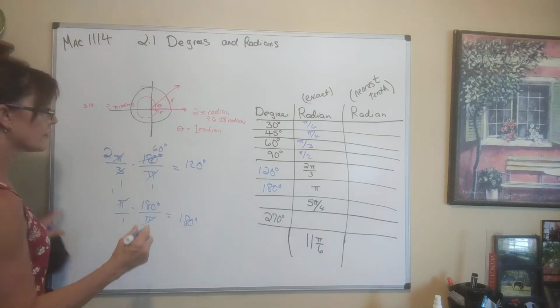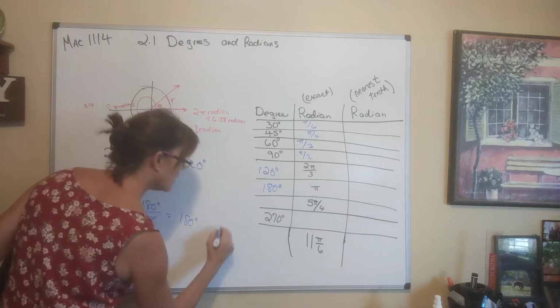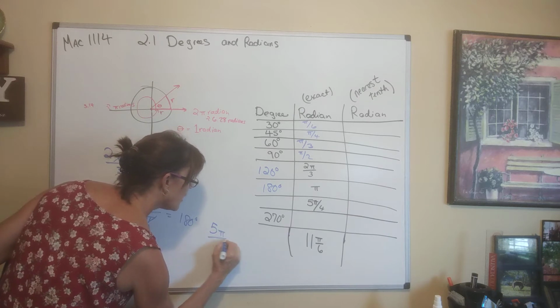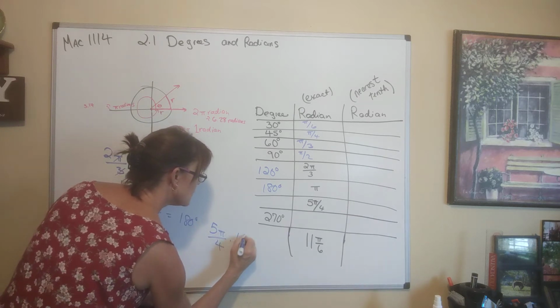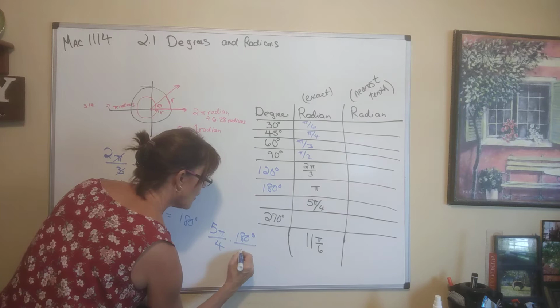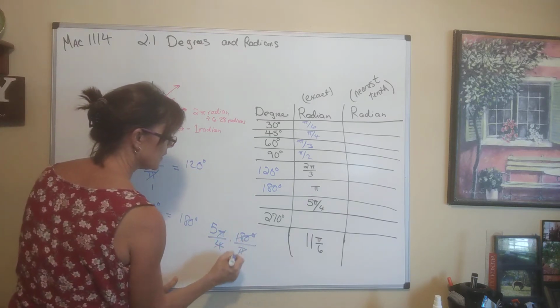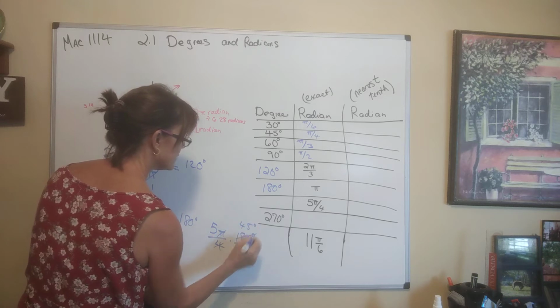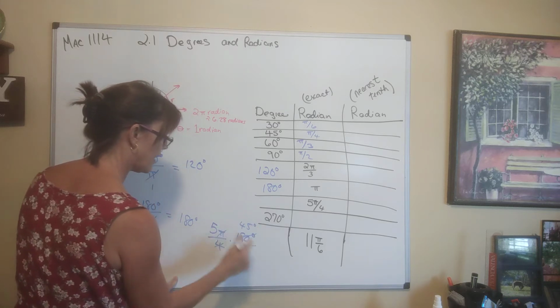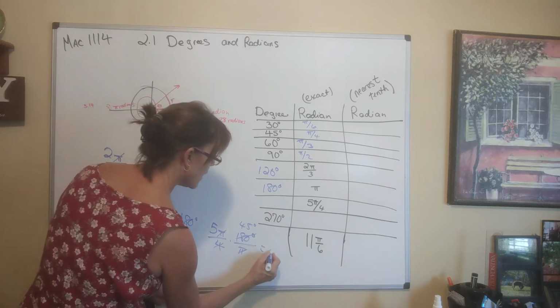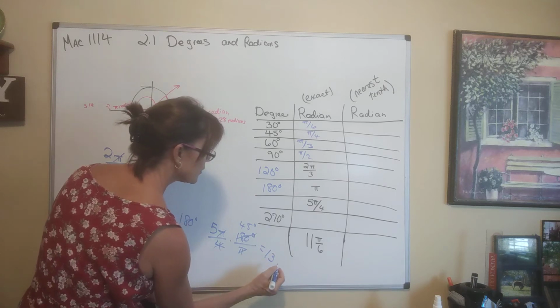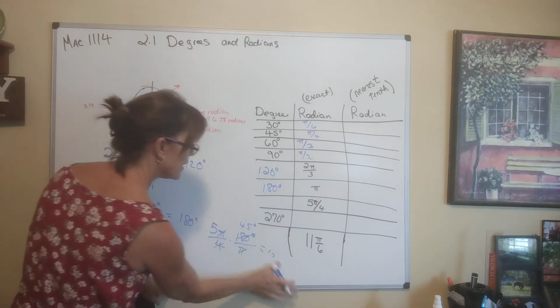5 pi over 4 goes like this: 5 pi over 4 times 180 degrees over pi. These will cancel. 4 will go into 180 degrees 45 times, and 5 times 45 is 135 degrees. Let me see, I think that's not right.